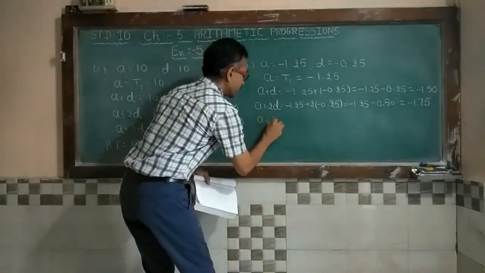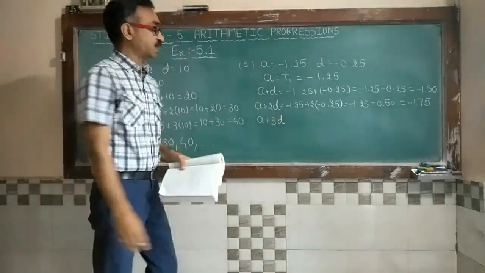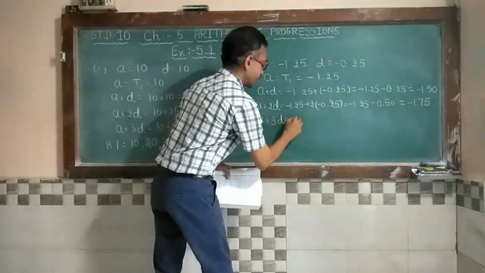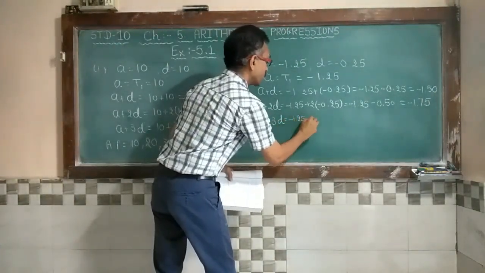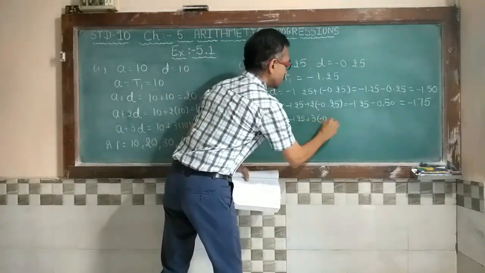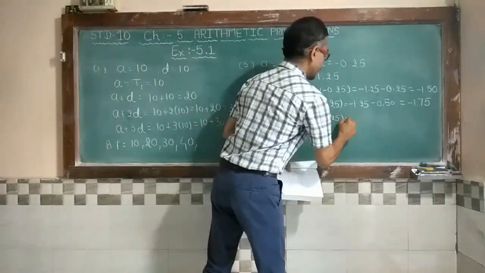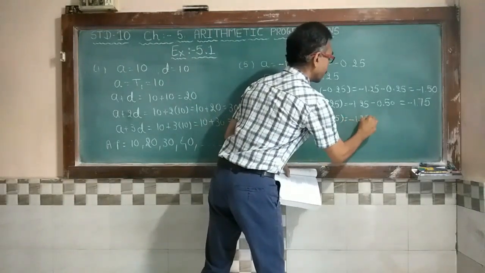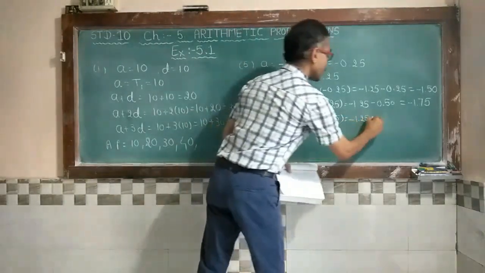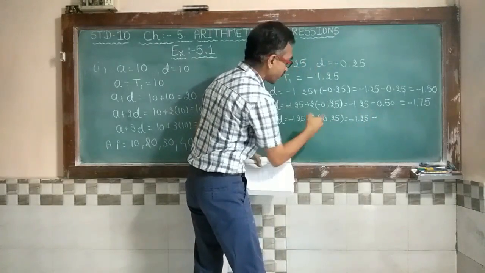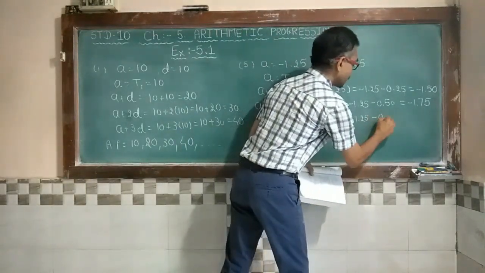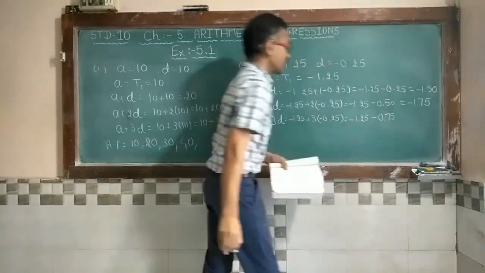Then A plus 3D, your fourth term, that is minus 1.25 plus 3 into minus 0.25, that means minus 1.25 plus minus 0.25 into 3, that means minus 0.75.